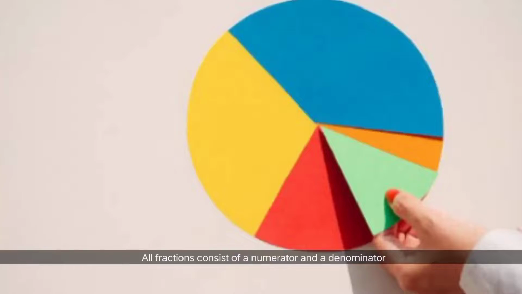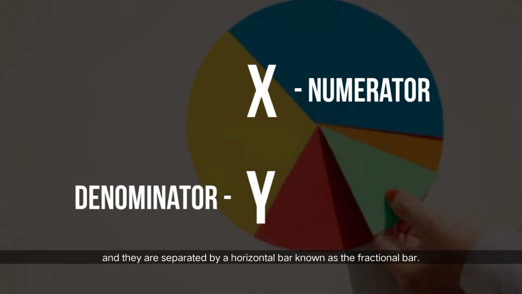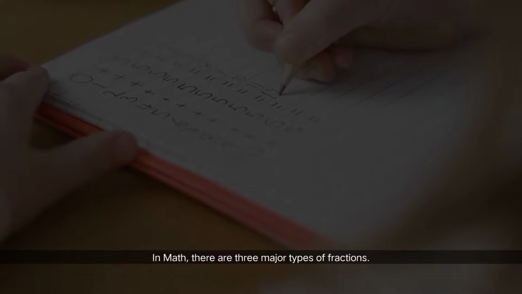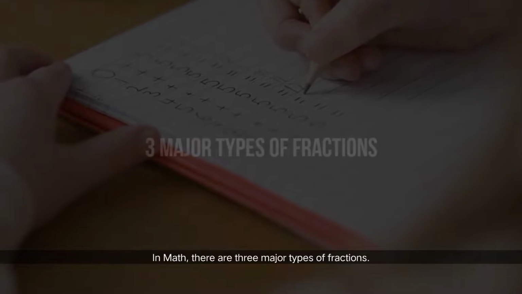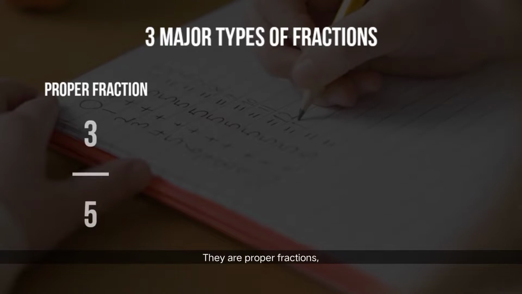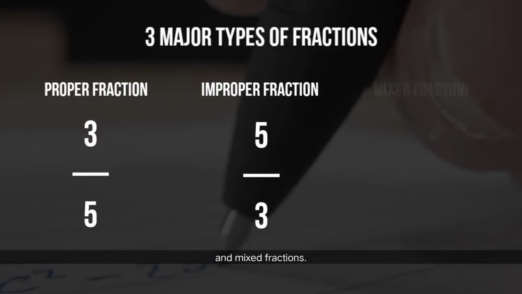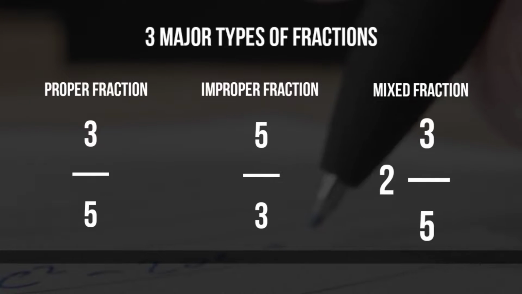All fractions consist of a numerator and a denominator, and they are separated by a horizontal bar known as the fractional bar. In math, there are three major types of fractions. They are proper fractions, improper fractions, and mixed fractions.